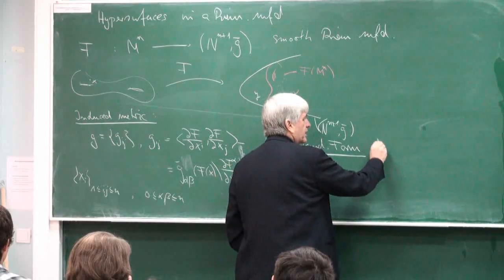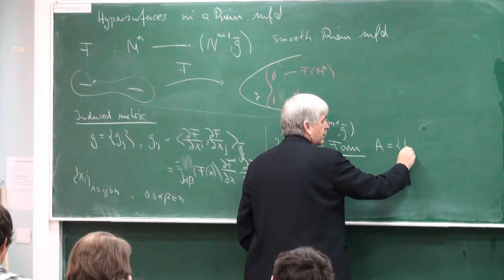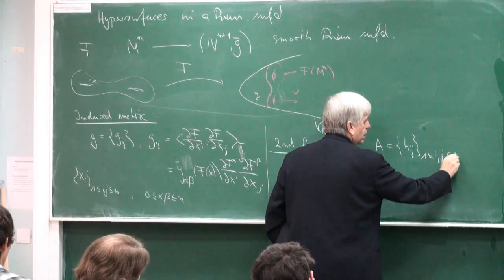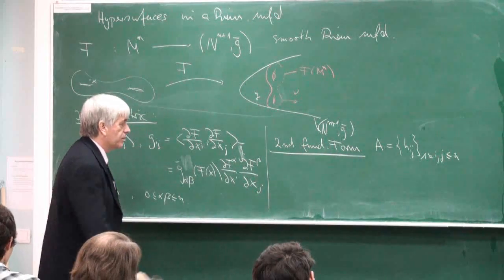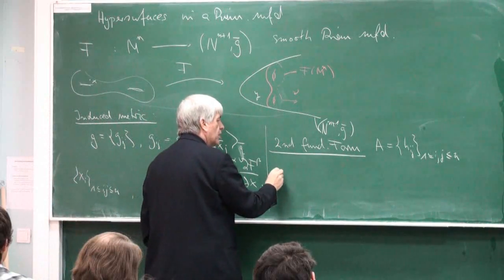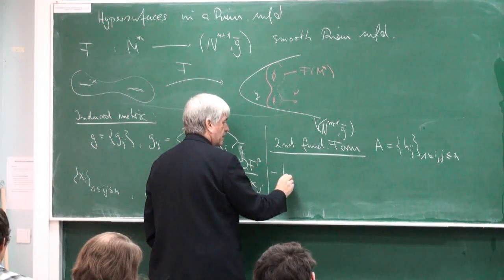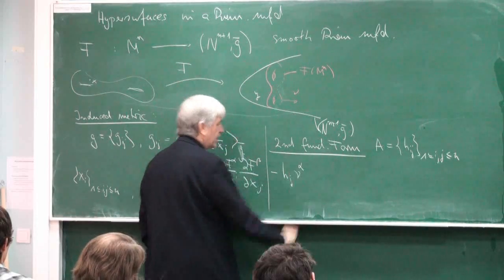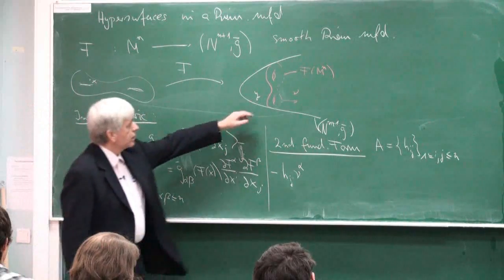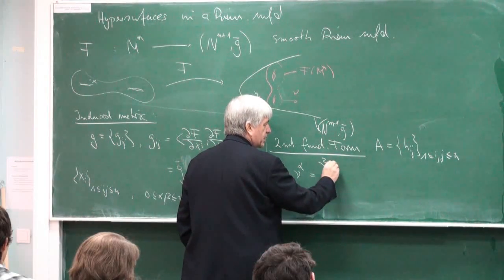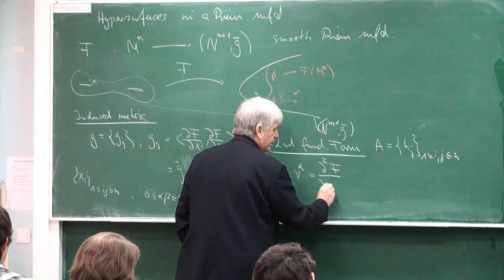Let me denote this by a matrix A. The second fundamental form can be computed from the second derivatives of this map F. So we have this formula: the second fundamental form times the alphath component of the unit normal can be computed from the second derivatives of F.